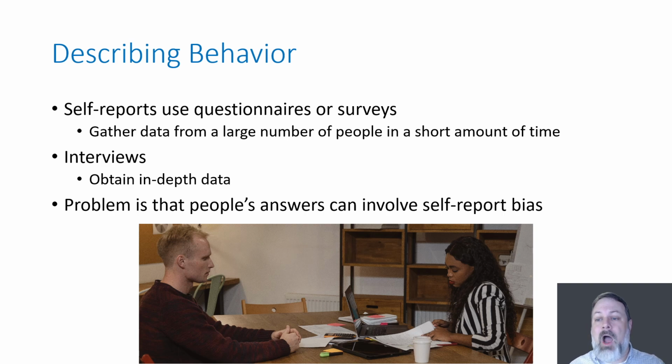They don't want to be the oddball out. They want to give the answer that gives the data that confirms what the research study is doing. So we have to be very careful in how we're constructing these questionnaires, surveys, or interviews to guard against this kind of self-report bias.